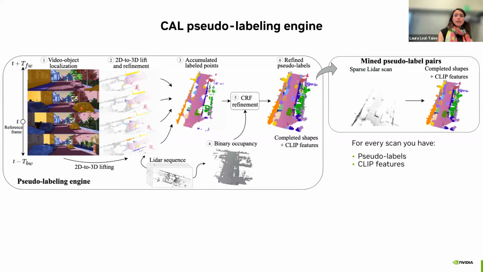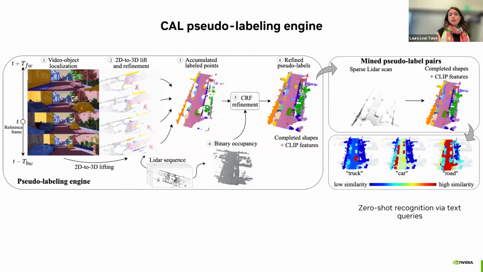So basically, you get more completed shapes, and you get the CLIP features that we need anyway to do the zero-shot segmentation. So essentially what you're going to get is these pseudo-label pairs in which you have a sparse LiDAR scan, and on the other hand, you have completed shapes and CLIP features.